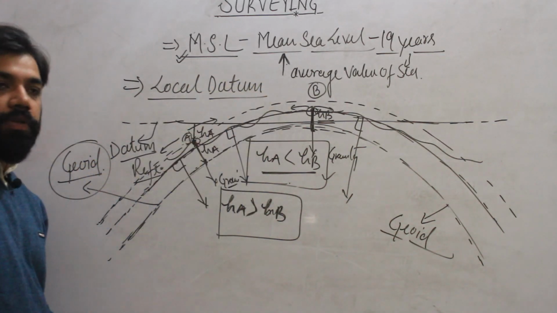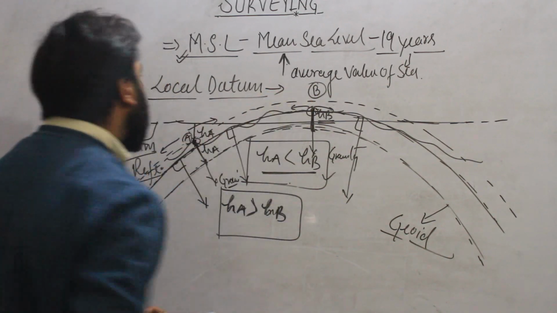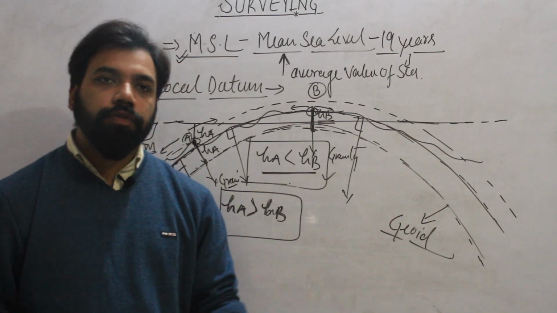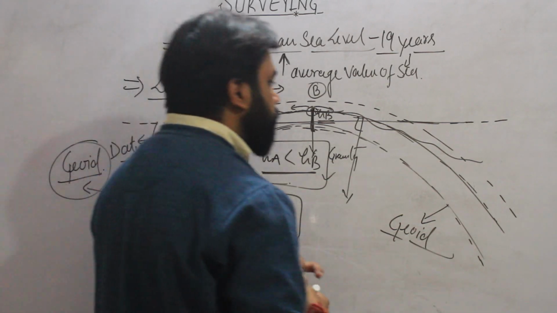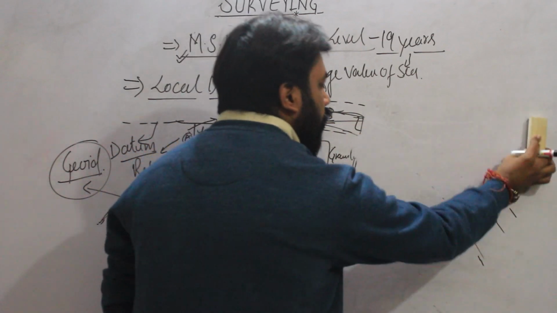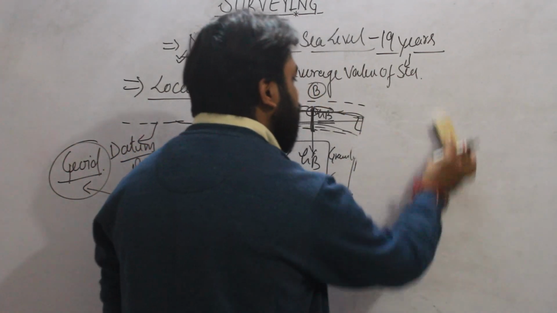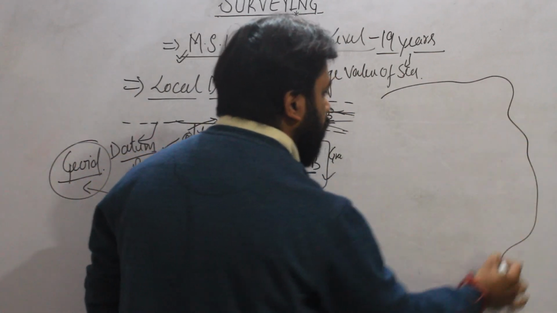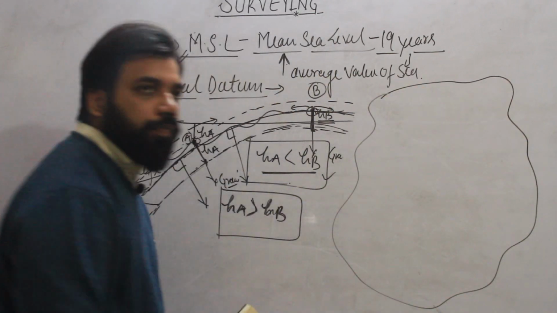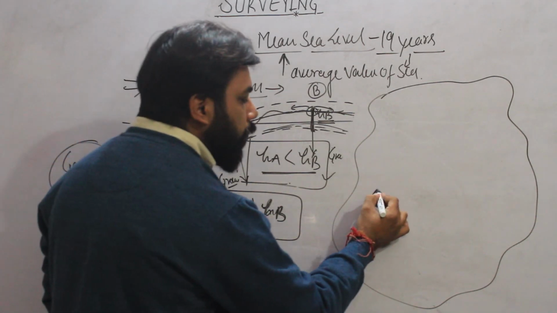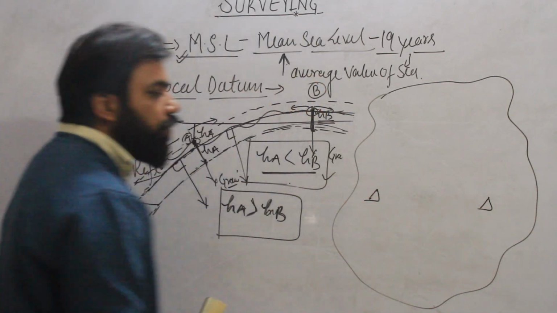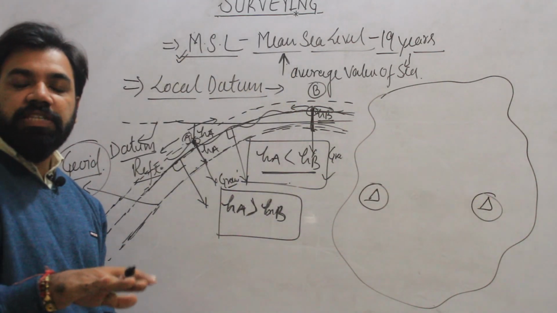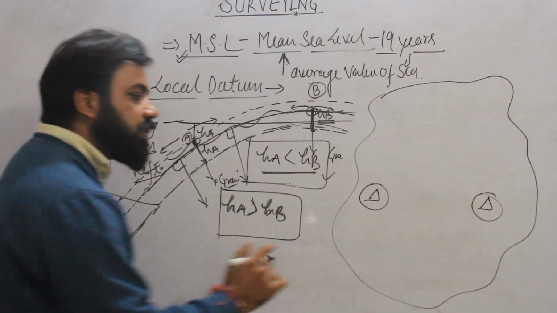Okay, now we will move into 3. What is local datum? Local datum is considered as follows: suppose you are working in a field and you have to measure the height. Suppose you are working in this particular area, and there are some points which have been established with the help of mean sea level, taking reference at mean sea level.